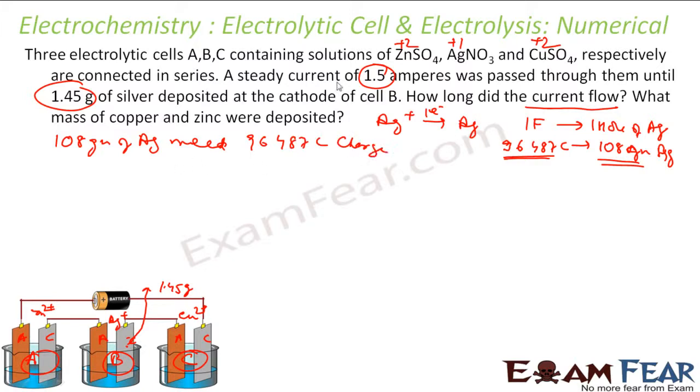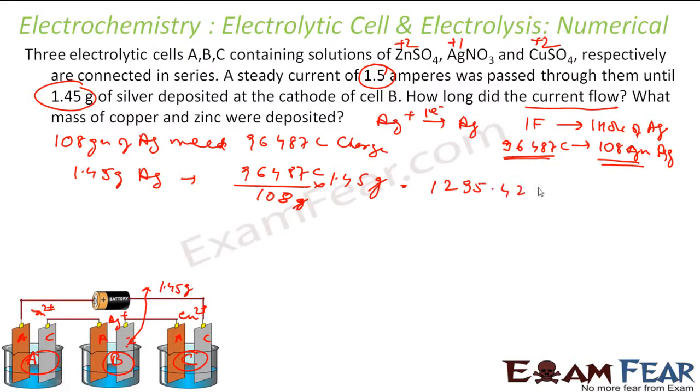But the deposit is 1.45 gram silver. So 1.45 gram silver needs how much? 96487 by 108 into 1.45, this gram and gram will get cancelled and we'll have coulomb here, right? You solve this, you get 1295.43 coulomb. This is the charge that is required, correct? I know charge is nothing but I into T. Charge we know, current we know 1.5 ampere, I can find the time.